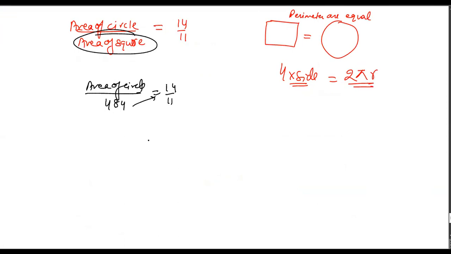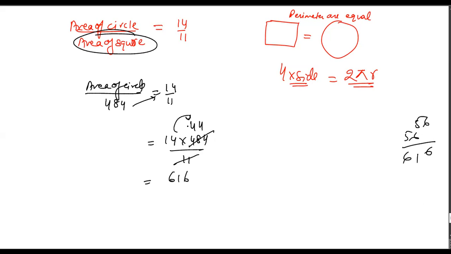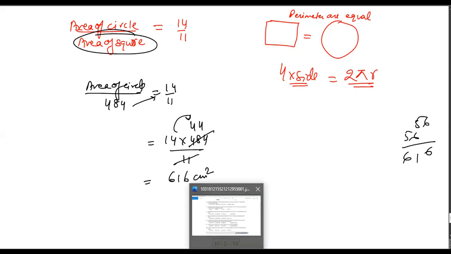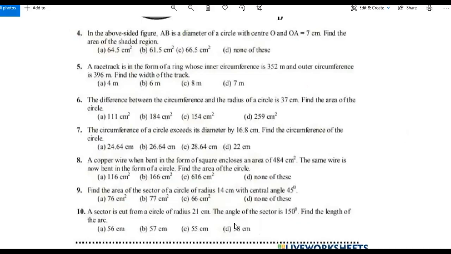Sending this to the other side, you will get 14 into 484 divided by 11. When you divide by 11, you get 44. When you multiply 14 by 44, you will get 616. So 616 centimeter square would be the area of the circle whose perimeter is equal to the perimeter of the square. So C would be the correct option.